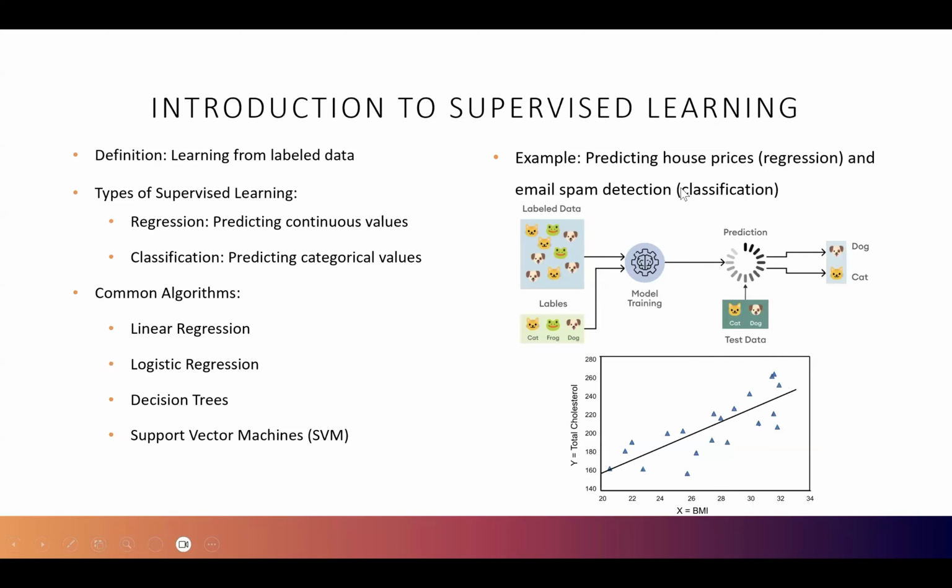As I said here, predicting house prices is a very good example of regression, and email spam detection is a very good example of classification. Whenever you have an email, you are usually sent a lot of emails that you don't see because they are identified by your email provider as spam. As a result, they are sent directly to the spam folder. Even at this day and age with all the technology, these classifiers can sometimes still not perform as we would hope.